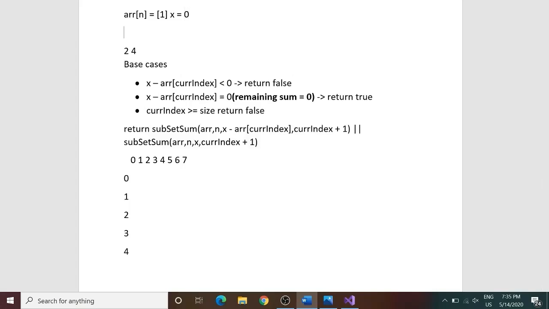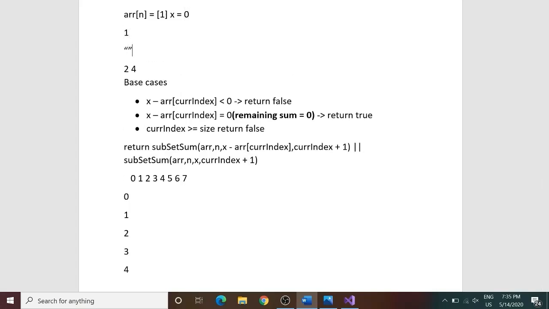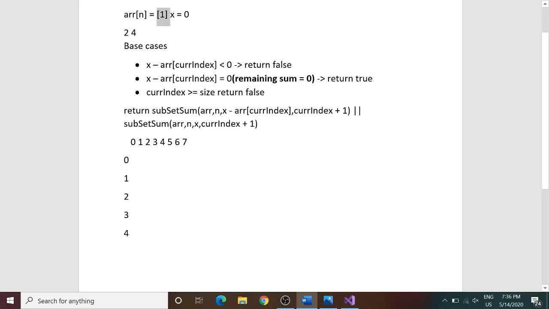Yes, I have. What are the subsets for 1? 1 and a null set. So, if I sum up my null set, what would I be having? I would be having a 0. Hence, the answer to the subproblem where I have a single element with me and I need to make a 0 sum out of it would be true.